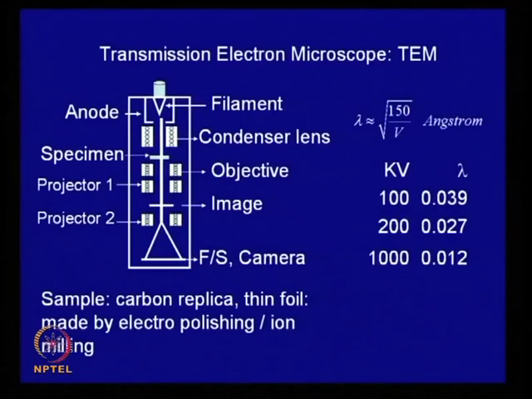Now, are there any other better methods where we can resolve the lattice structure much more clearly? One possibility is to use a much smaller wavelength, and electrons, as we know, if they move at a high velocity, also have a wave character.